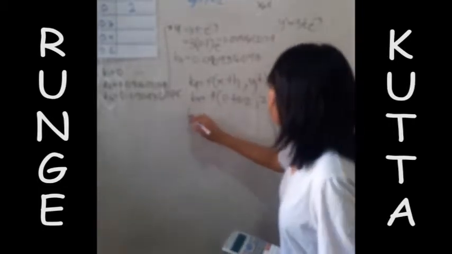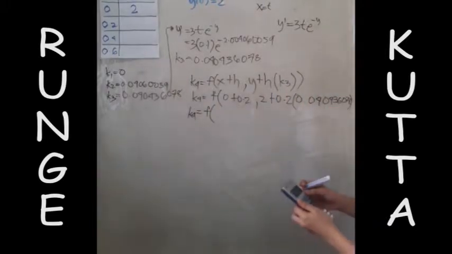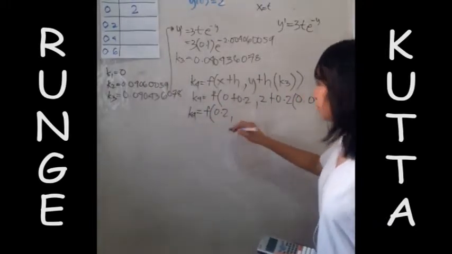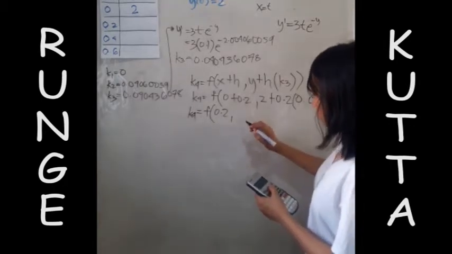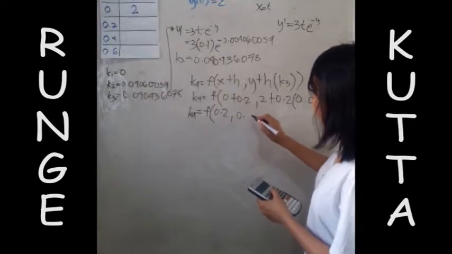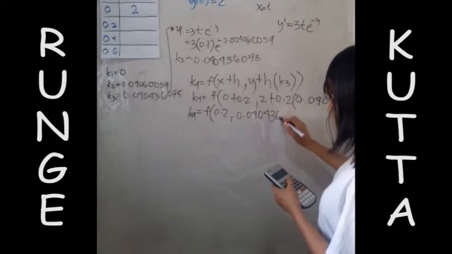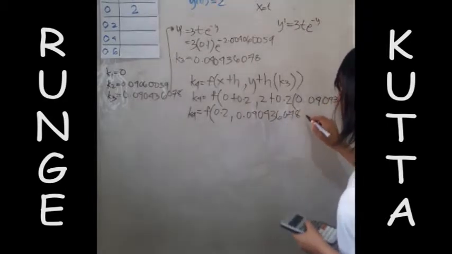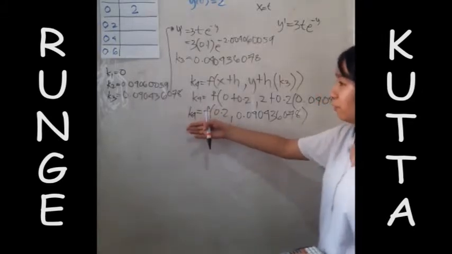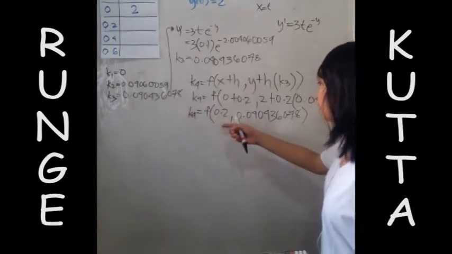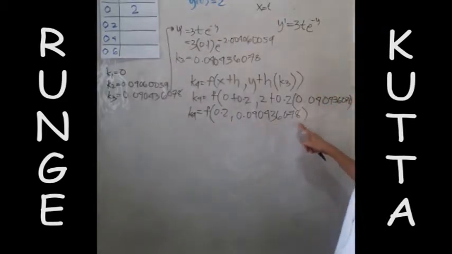And K4 will be function of 0.2 and we are going to get an answer of 0.040436078. And we have again the coordinates of K4, which is 0.2 and 0.040436078.